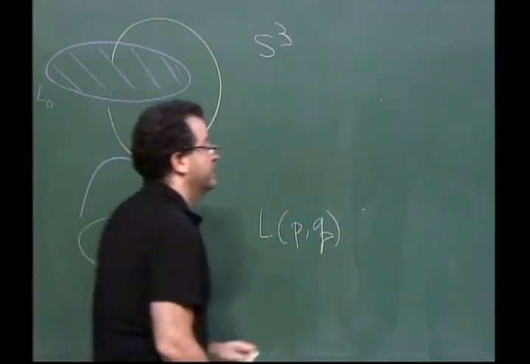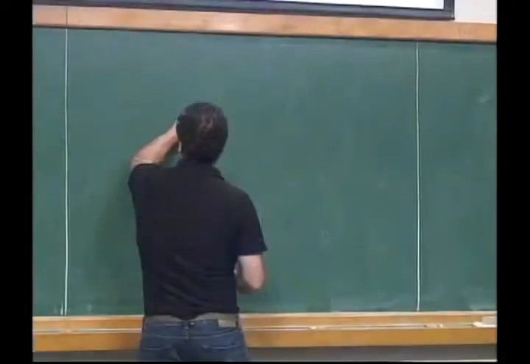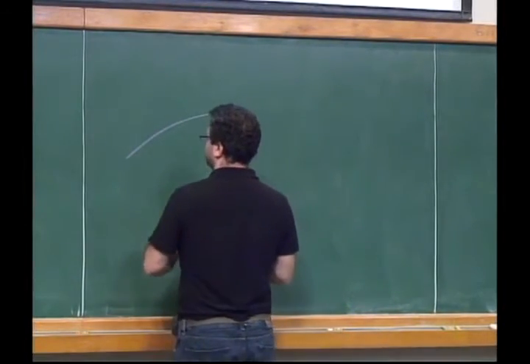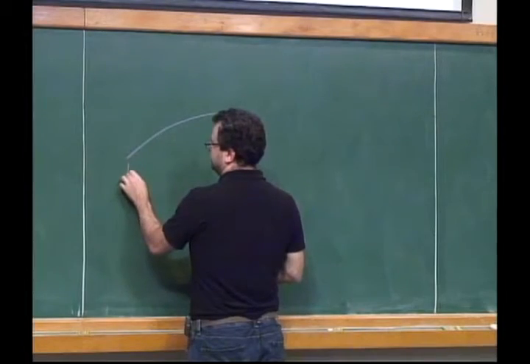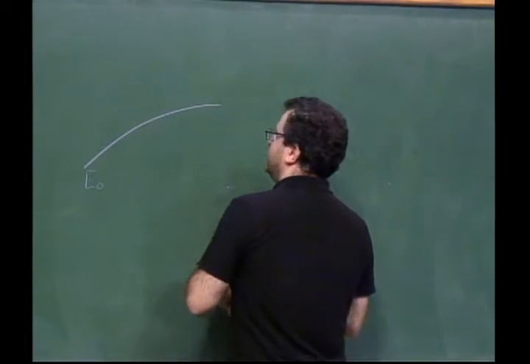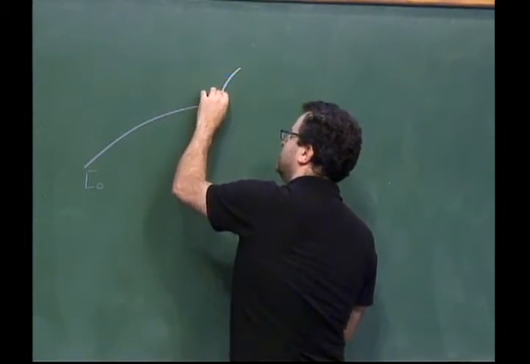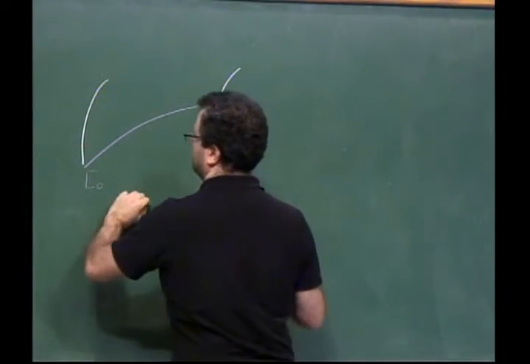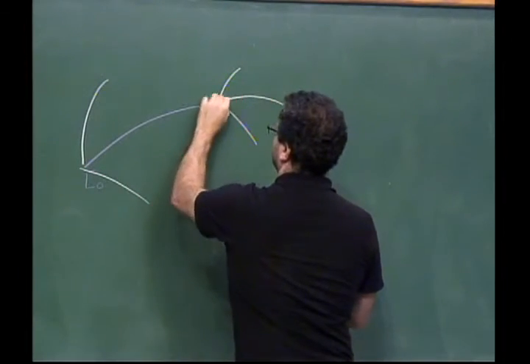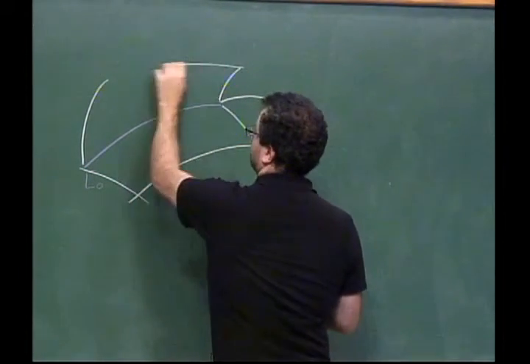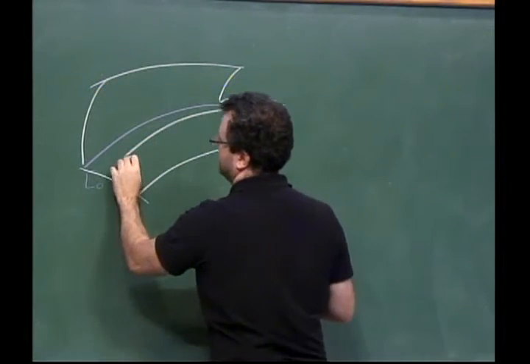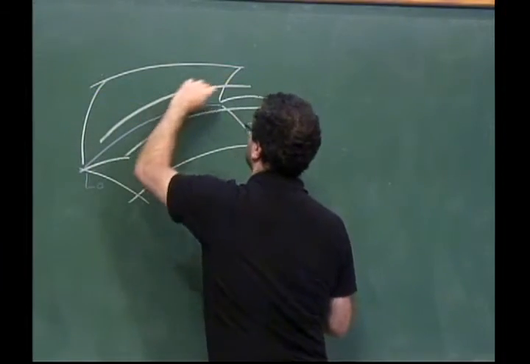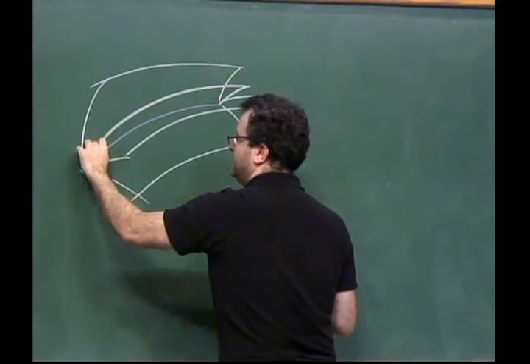So it's just like that. Let me draw this picture just to try to explain a little bit more about this. So the knot downstairs will be here, and that disk will be something like that.